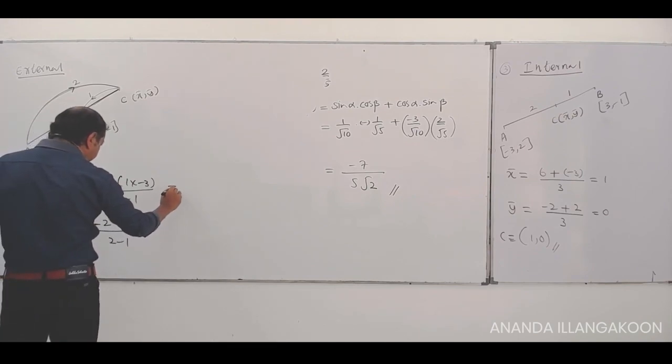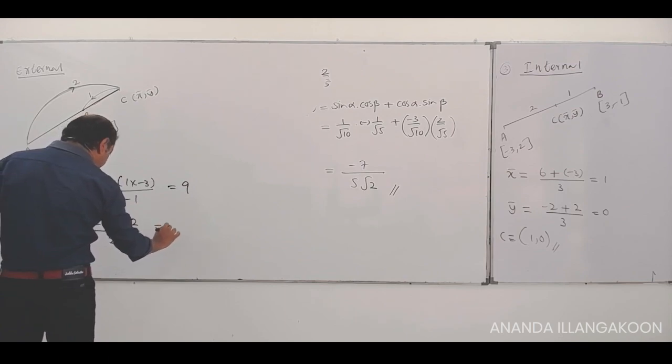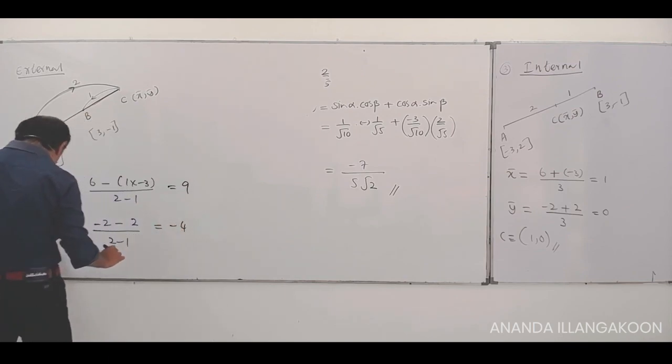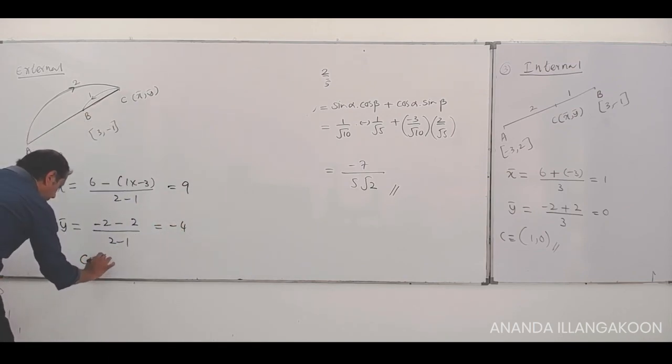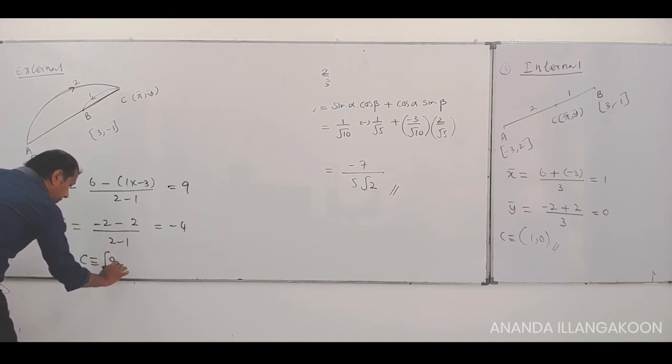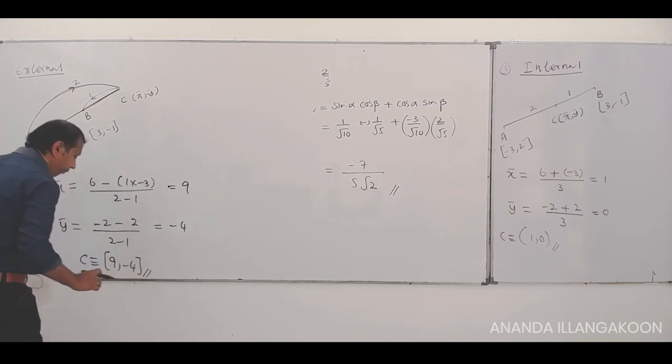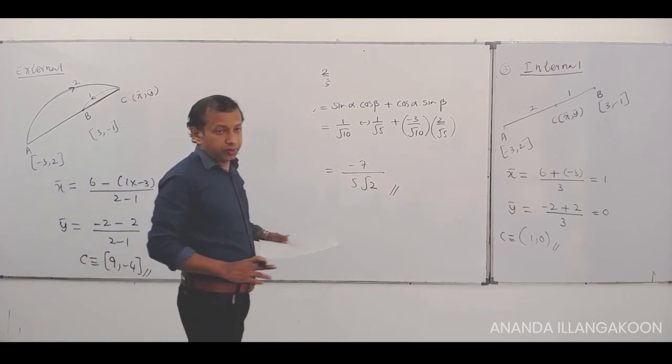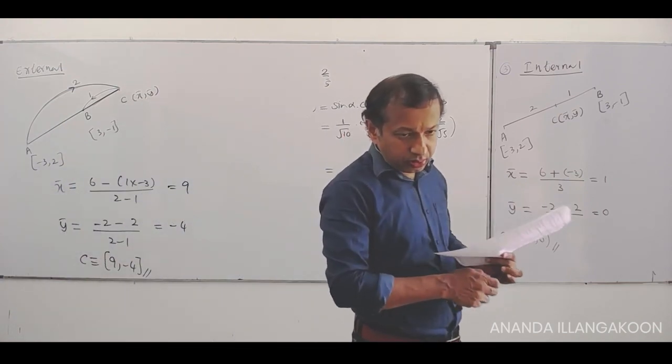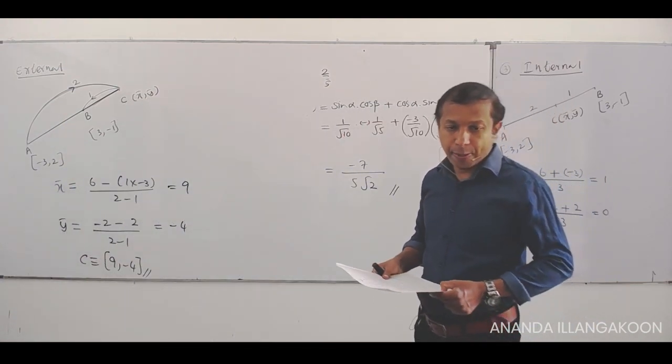Here we get 9, here we get minus 4. Then C this time comes to (9, minus 4). This we can take as C, right?